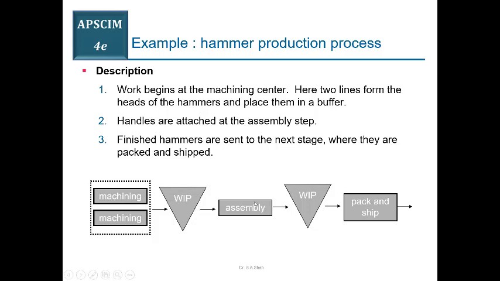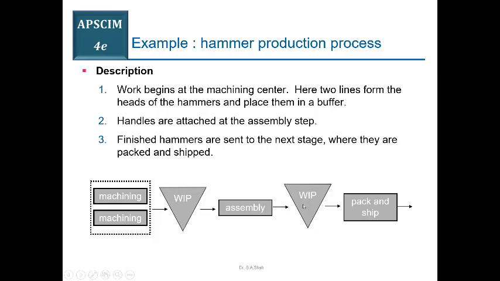Afterwards, that set of hammers will go through to another workstation where it will be packed and then shipped either to the market or to the storage facility. So तीन वर्क स्टेशंस हैं हमारे पास, मशीनिंग स्टेशन है, असेंबली स्टेशन है और पैकेजिंग स्टेशन है.